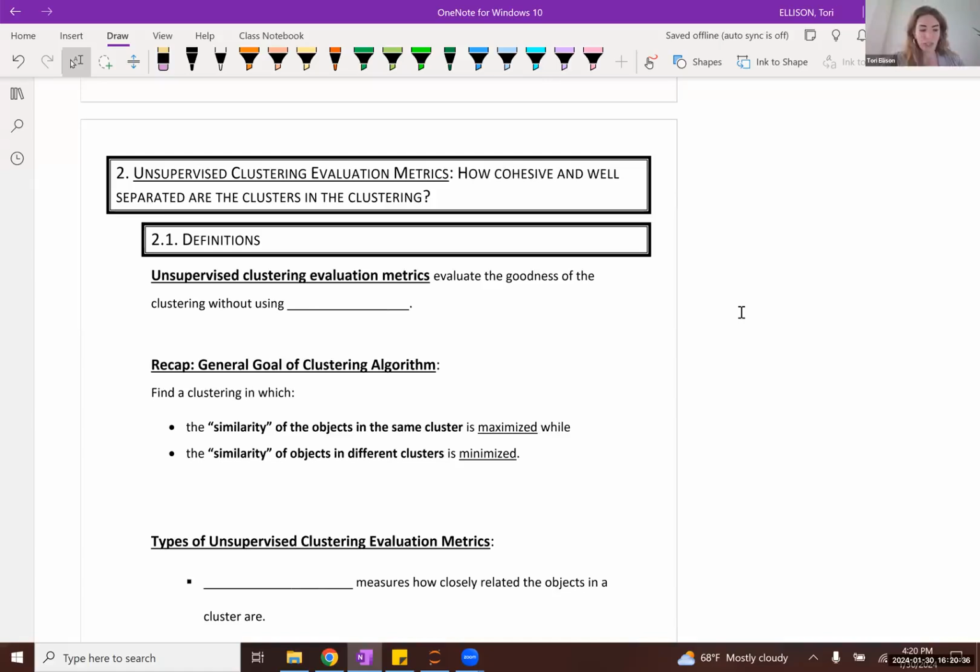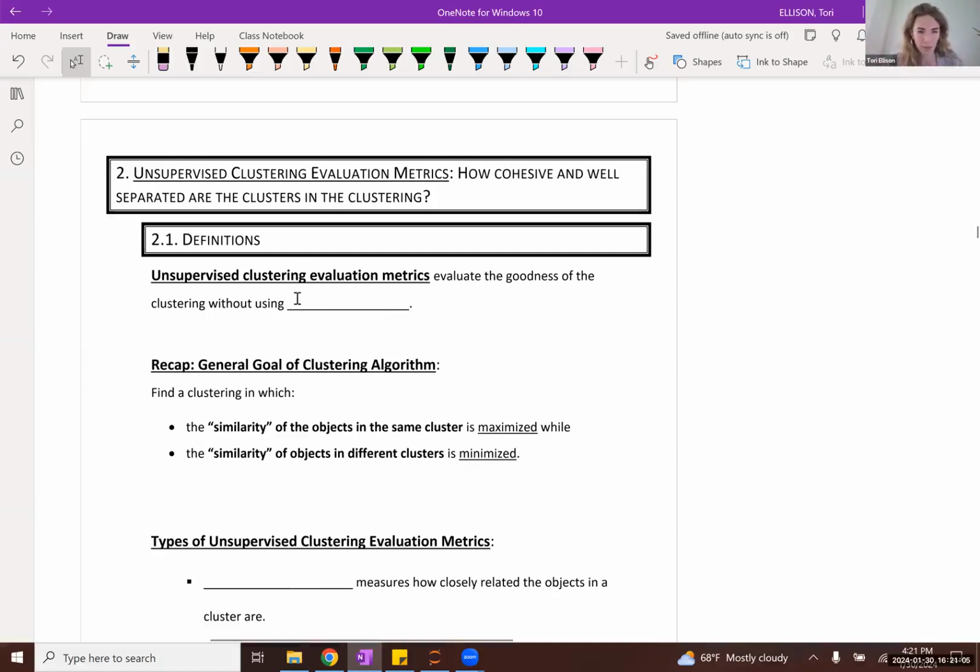So questions such as this, basically how did your clustering algorithm perform, are best described as unsupervised clustering evaluation metrics. So there's no set of additional class labels that we're bringing in after the analysis. We're simply taking the data set, taking the clustering that we found, and asking ourselves, how well did the clustering algorithm perform when it came to clustering the data set?